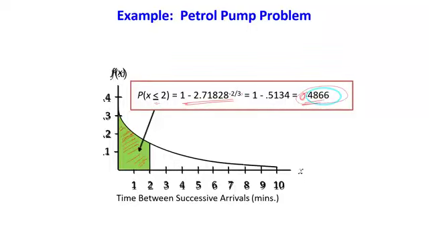It's a 49% chance that you will get two cars within 2 minutes or less than 2 minutes. Which is pretty high, a 49% chance. So if it is a 49% chance, then the business has to take a decision, whether it is possible to fulfill that much demand in the petrol pump or not.